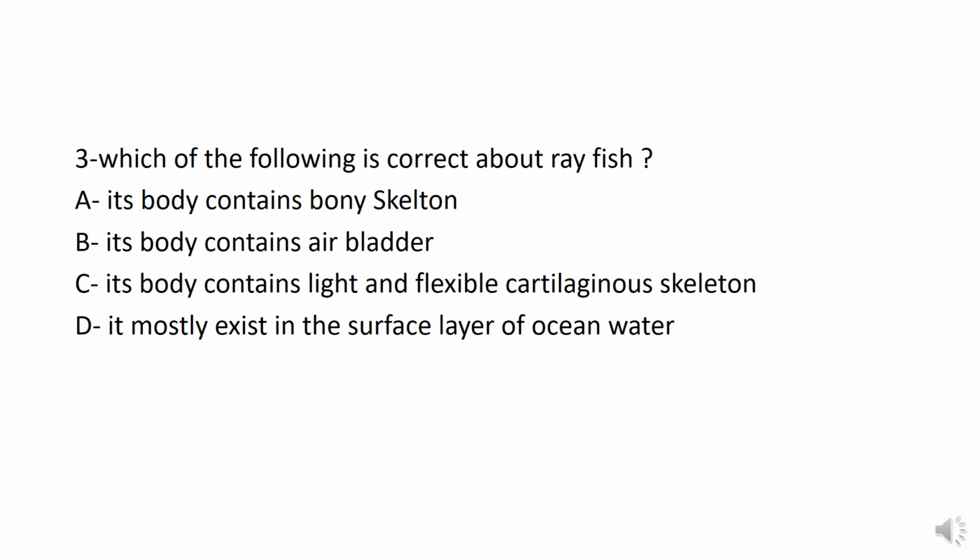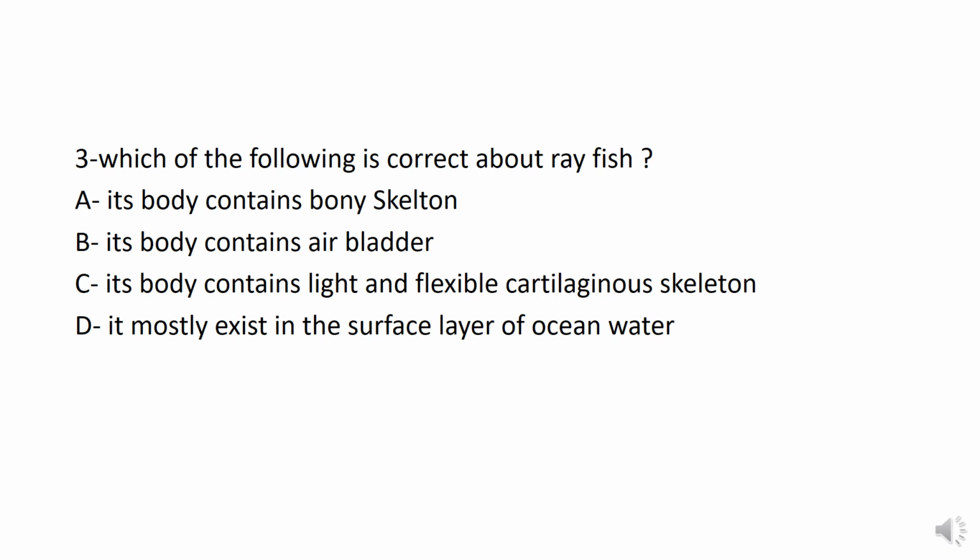Next. Which of the following is correct about the ray fish? Its body contains a bony skeleton, or its body contains an air bladder, or its body contains a light and flexible cartilaginous skeleton, or it mostly exists in the surface layer of ocean water. Again, let's repeat the question.